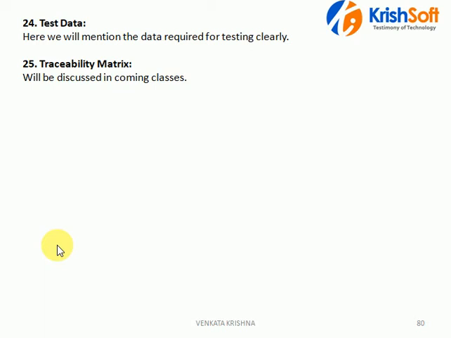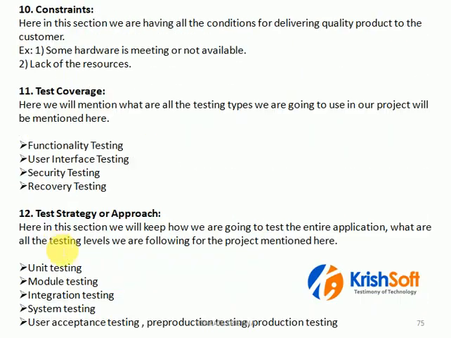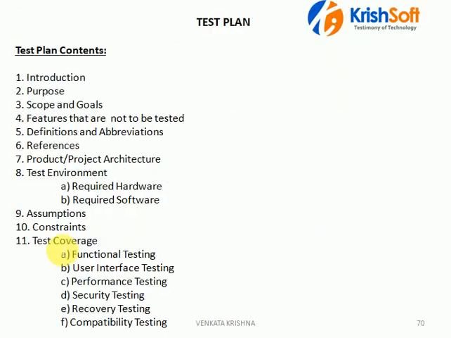This section also, once you start the testing or before you start the validation testing, you may get the test data, and at that time you need to update it here. The last section is the 25th section, traceability matrix. I will discuss the traceability matrix in future videos. So this is about the complete 25 sections of the test plan document.